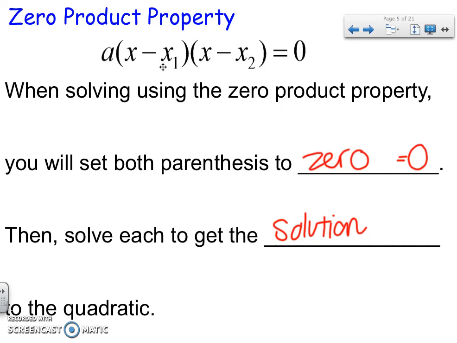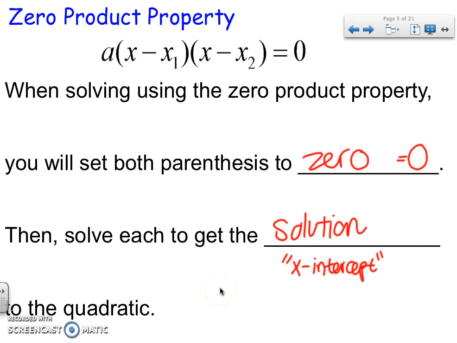Okay, remember this is also called the x-intercept. So you are trying to solve this factored quadratic equation to find its solutions, to find its x-intercepts. And to do that, you're going to set this parenthesis equal to 0 and this parenthesis equal to 0.